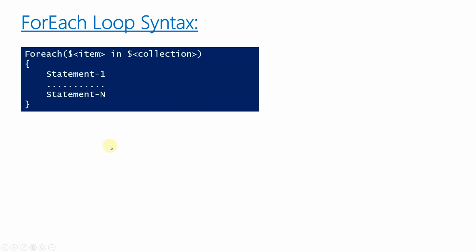And here you can see the syntax of the foreach loop. So we have to write the foreach keyword and in braces we have to write like this. Here we have to give some variable name and use the in keyword, and after that we write the collection variable name.